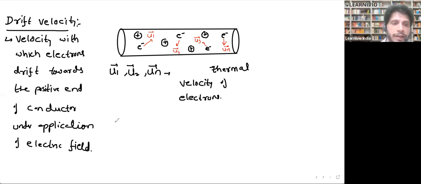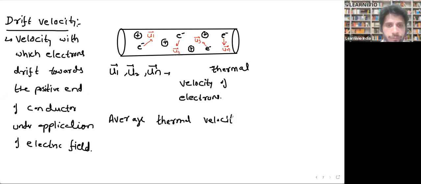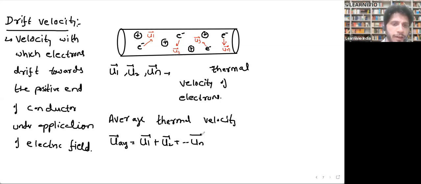If I take the average thermal velocity, I can write it as U average, that is vector u1 plus u2 up to uN divided by N, is equal to 0. Average thermal velocity is 0.